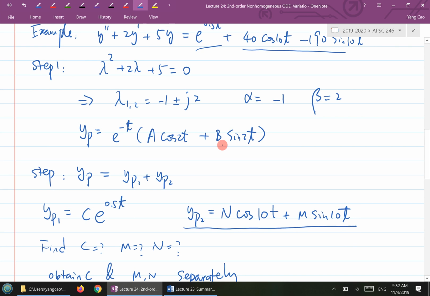A and B can be calculated if you have initial conditions, the same way you apply initial conditions in your first order and your homogeneous second order. This one? Oh yeah, what do I call it, yp? This will be yh, exactly. Yeah, excellent.